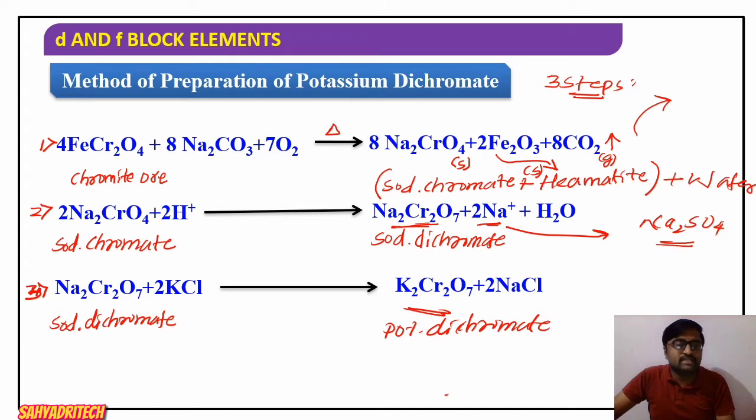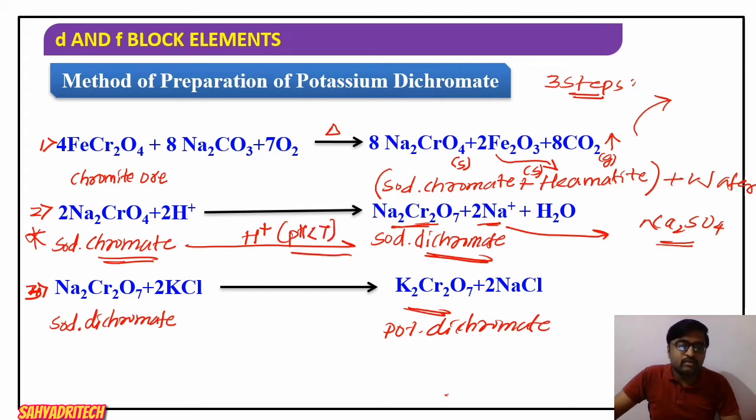Further, in the second step, sodium chromate is converted into sodium dichromate, which means chromate is converted into dichromate. That conversion is very important. The chromate ion can be converted into dichromate by treating with acids, that is, by maintaining pH below 7, and dichromate can be converted back to chromate by treating with bases, which means by maintaining pH above 7.